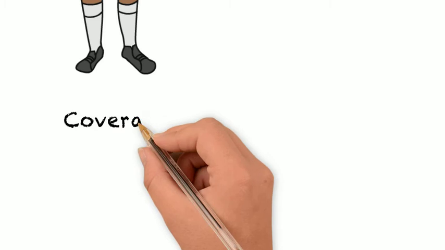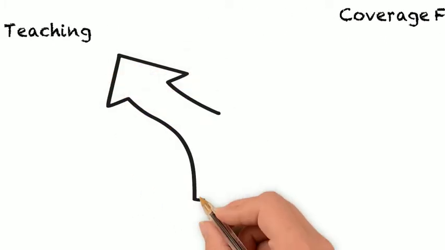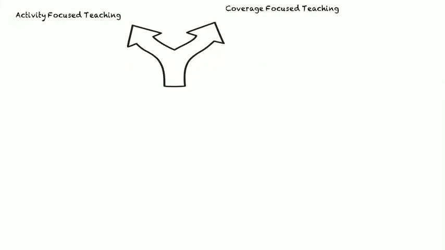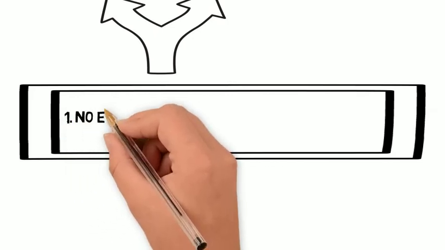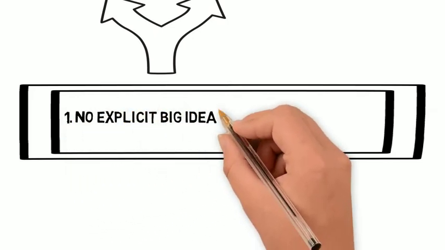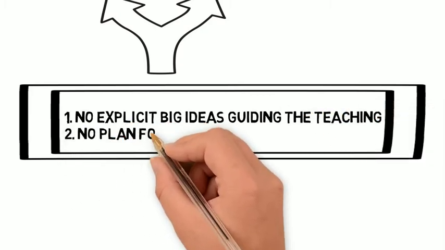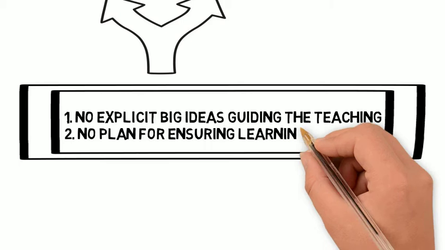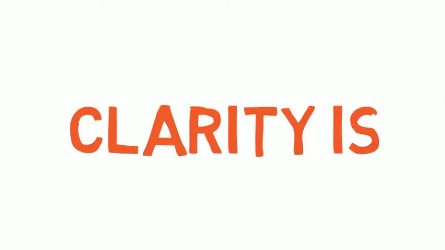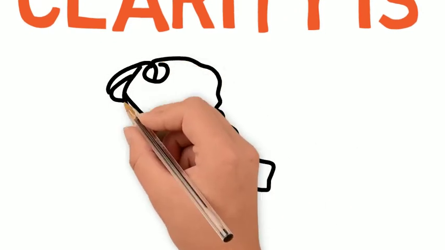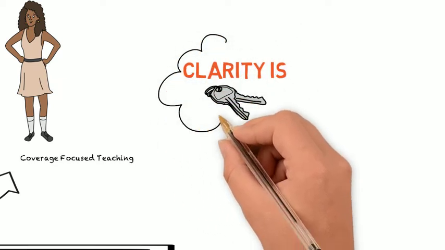This means that there are no explicit big ideas guiding the teaching, and no plan for ensuring learning. Clarity is key. Clear as mud, right? I'm going to go over the backwards design model briefly.